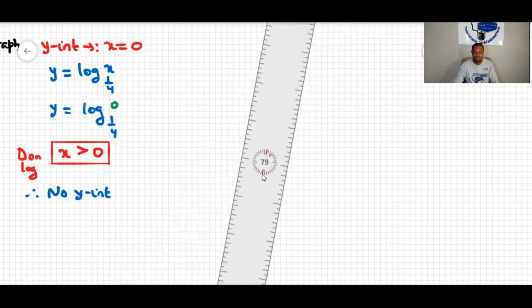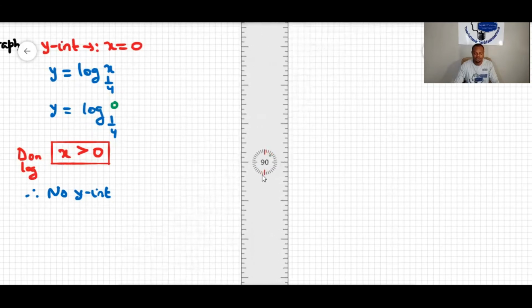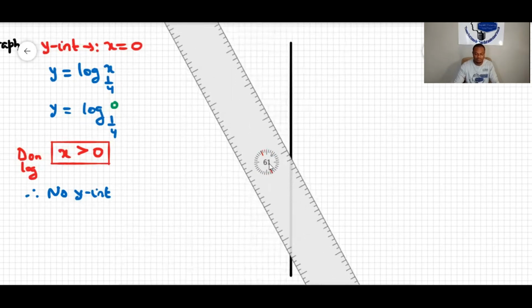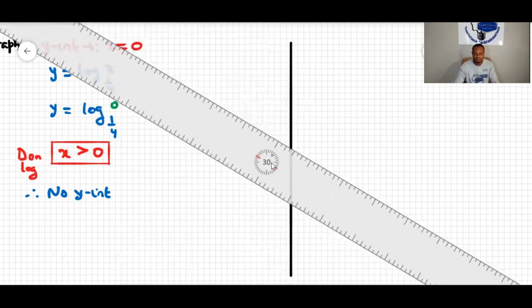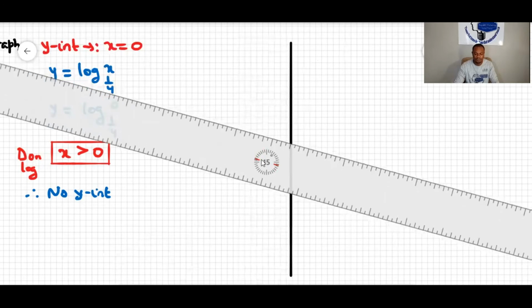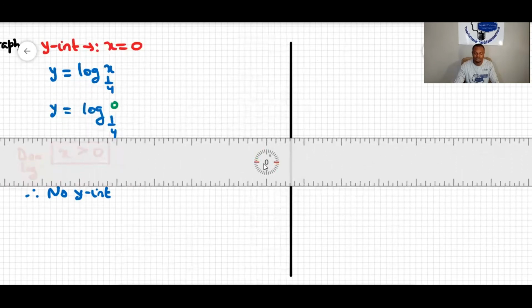Now I want to draw the graph. Okay, let's first draw the xy coordinate, or the Cartesian coordinate. I draw my y-axis.